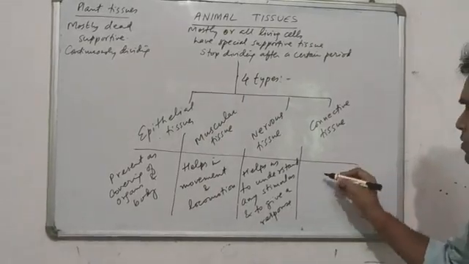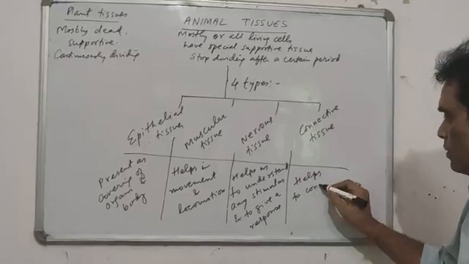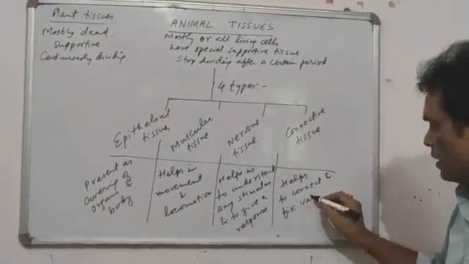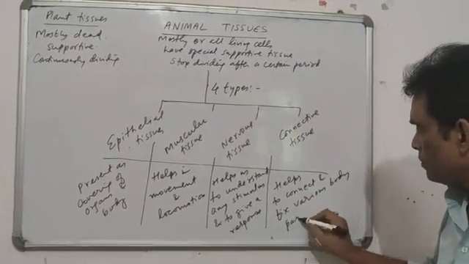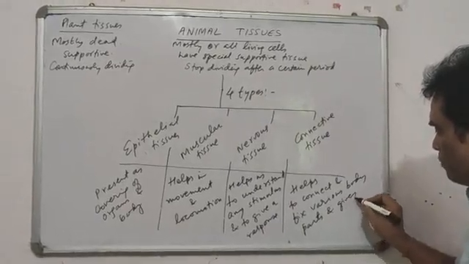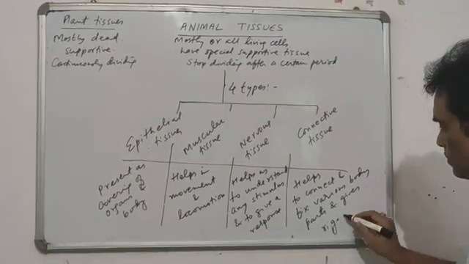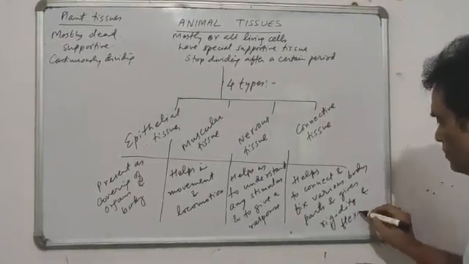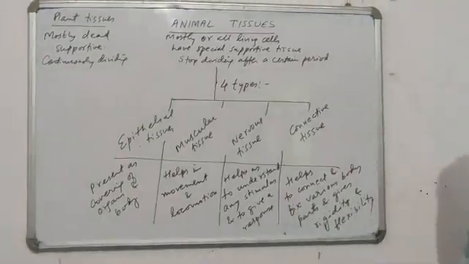The connective tissue helps to connect and fix various body parts and also gives rigidity and flexibility. So all the 4 tissues are very different from each other.